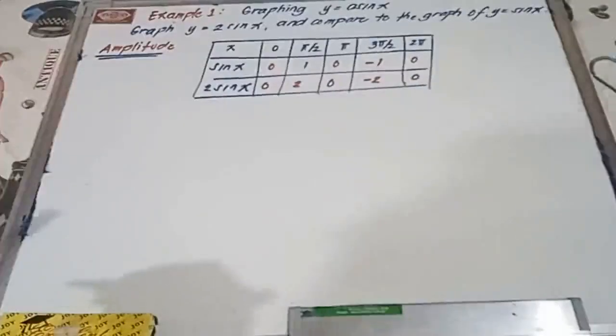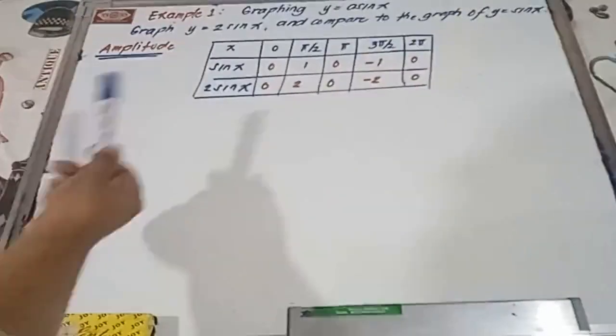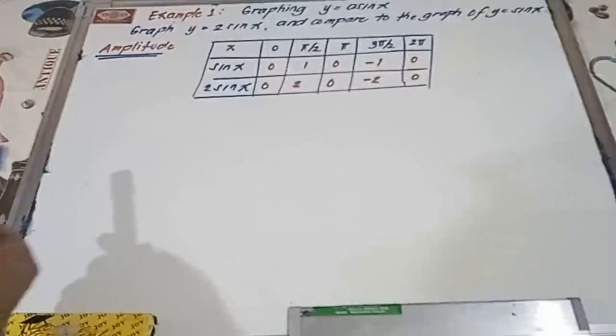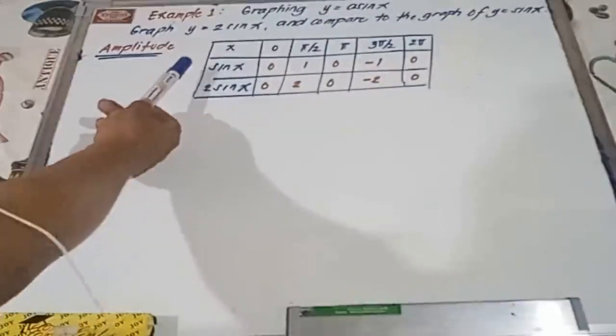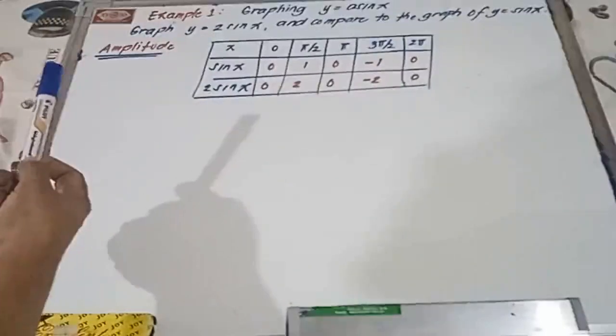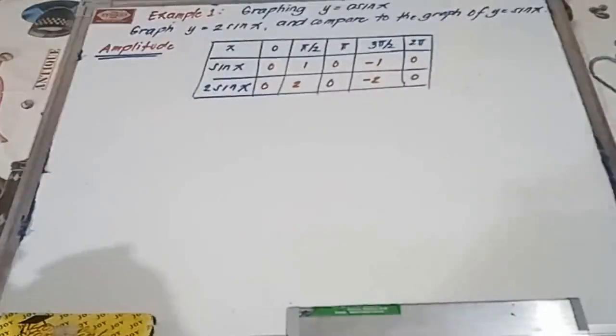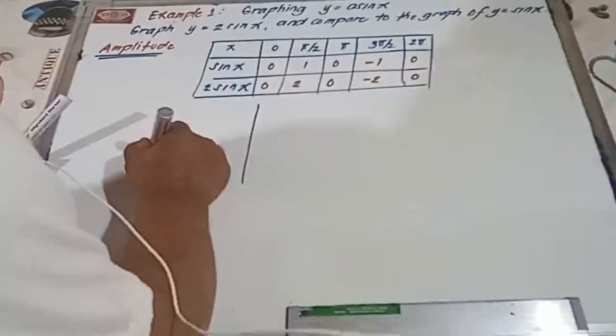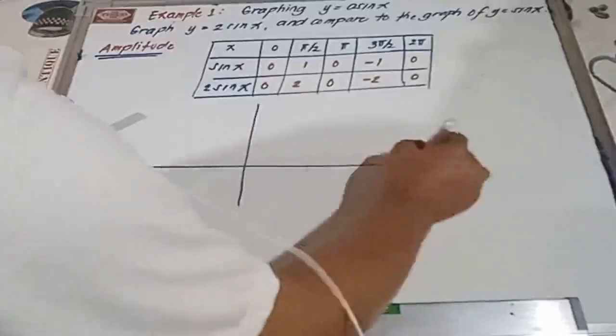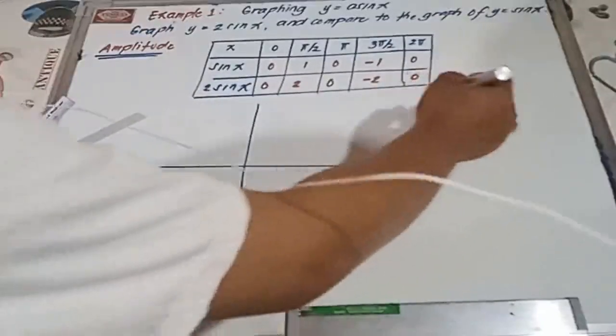Now, you will notice that for a given value of x, the value of y is twice as large as it would be for y equals sine x. Just twice. Let's look at the graph so we can compare the two. The same will be the case for negative values: negative pi over 2, negative pi, negative 3 pi over 2, and negative 2 pi.